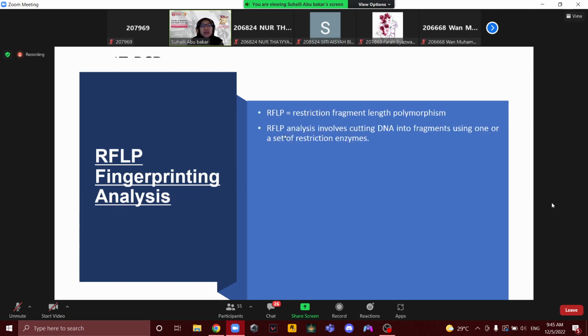This one has a long name for the acronym, and you know this already from human genetics. The principle of RFLP is cutting DNA into fragments using one or a set of restriction enzymes. If that individual has the site recognized by the enzyme, it will cut.